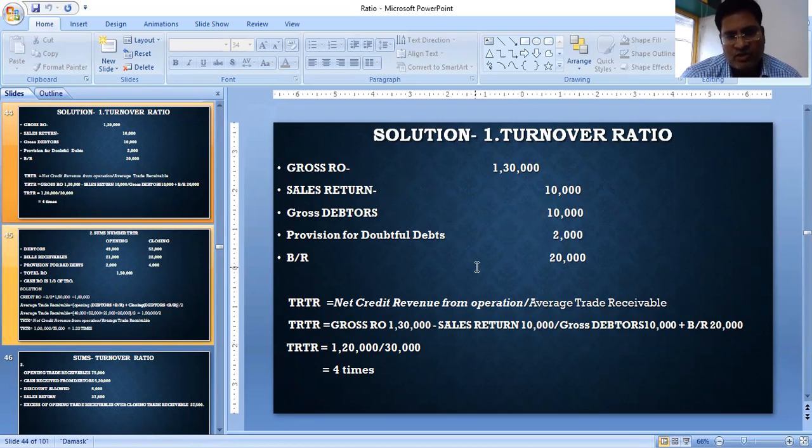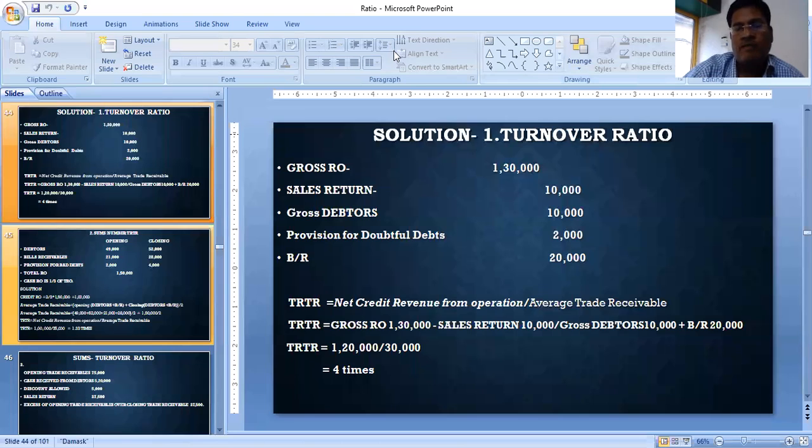Let's do the sum. Net credit revenue from operation, that is gross revenue from operation minus sales return, is 1,30,000 minus 10,000, which is 1,20,000. For average trade receivables, you will take gross debtors. You don't need to subtract over here. That is gross debtors 10,000 plus bills receivable 20,000, so it is 4 times.